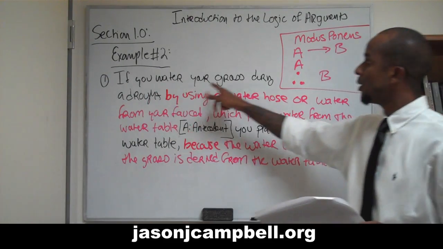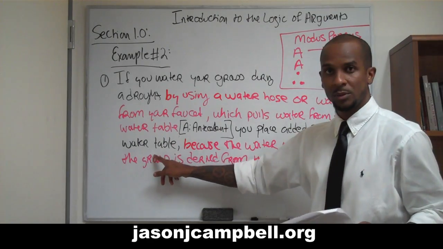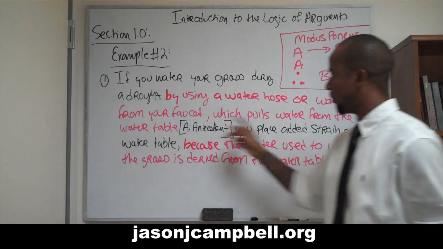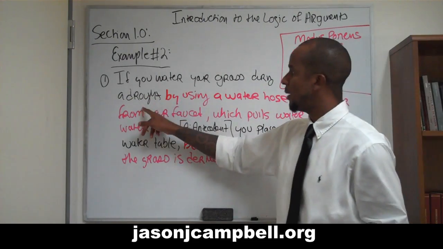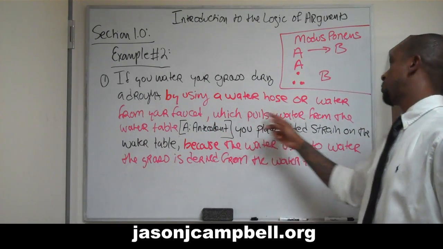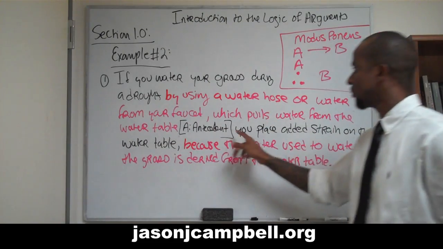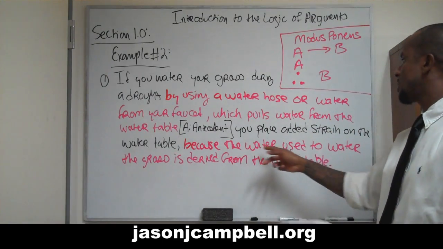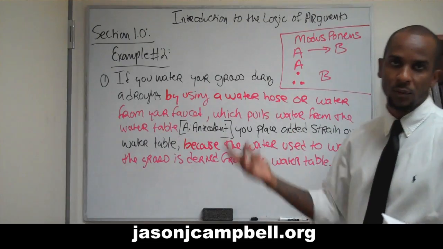So if you water your grass during a drought, then you place added strain on the water table. We've augmented that. Now we have added more content information so that it says, if you water your grass during a drought by using a water hose or water from a faucet, which pulls water from the water table, that now becomes my new antecedent. You place added strain on the water table because the water used to water the grass is derived from the water table itself, right?